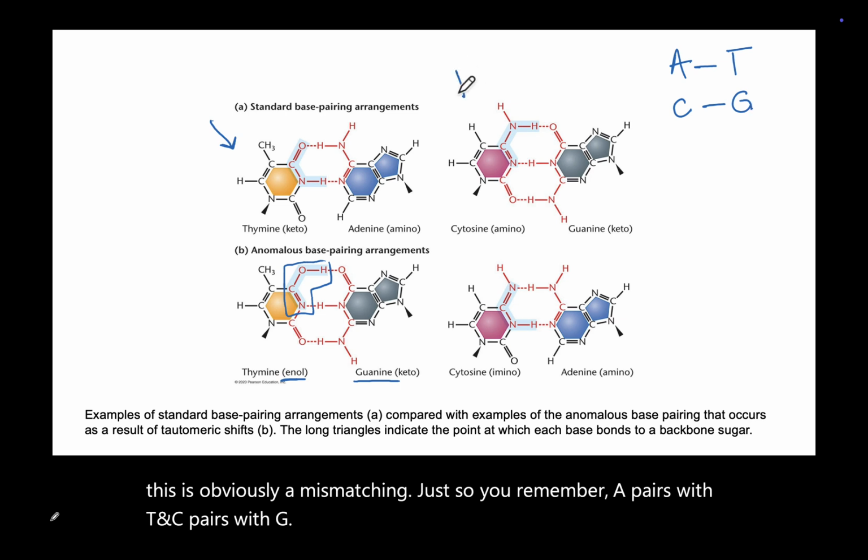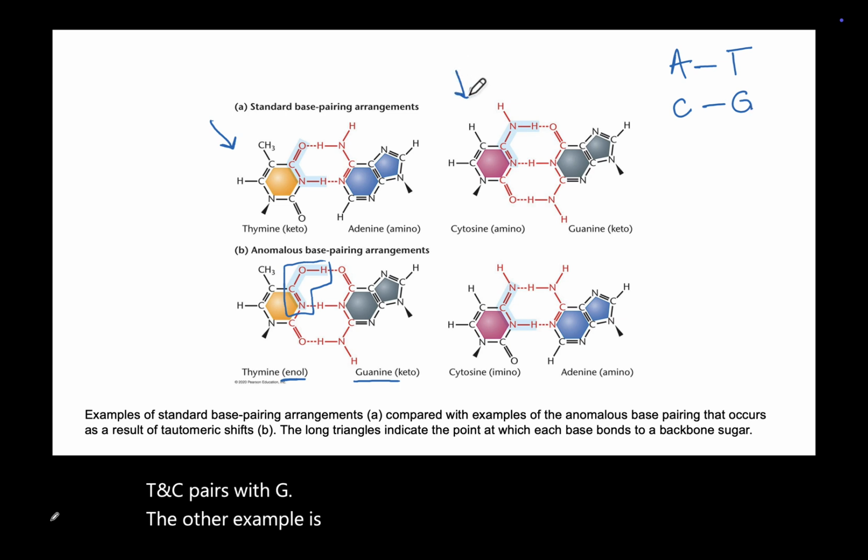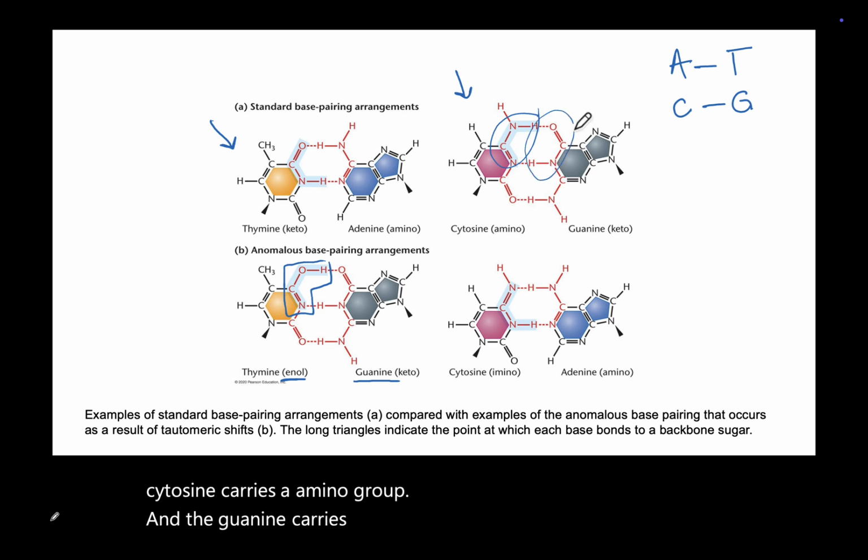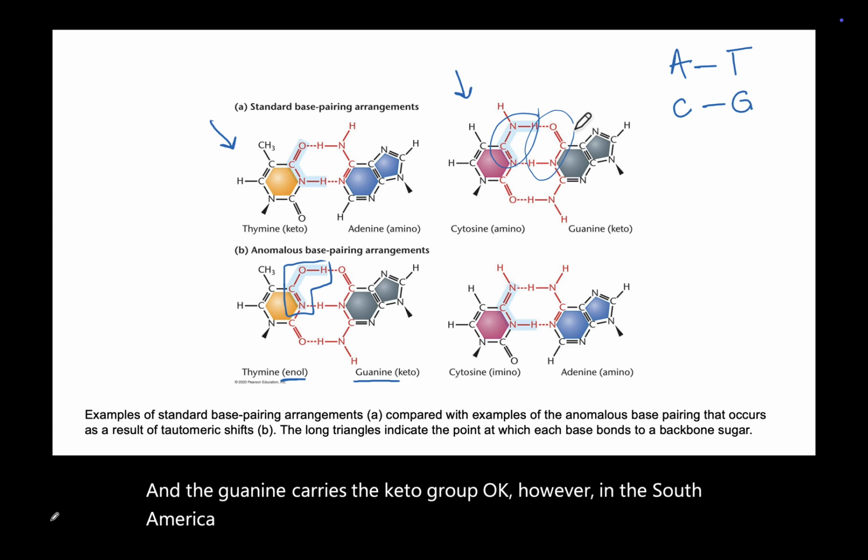The other example is the cytosine and the guanine. Normally, cytosine carries an amino group and the guanine carries the keto group, okay? However, in the tautomeric form, the cytosine can now carry the imino group.